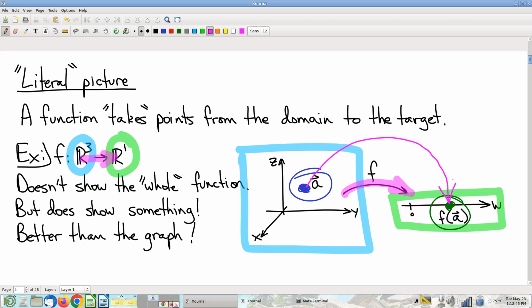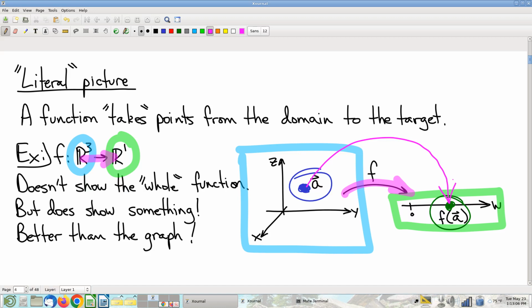And I like the term literal picture because this is about as literally describing what the function does as you can get. There's really no arbitrary choices here. There's a domain. There it is. The function's got a target. There it is. And I'm trying to represent as basically as possible what the function does from one to the other.